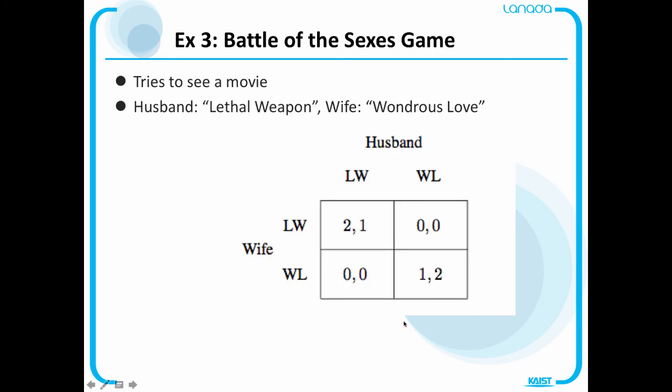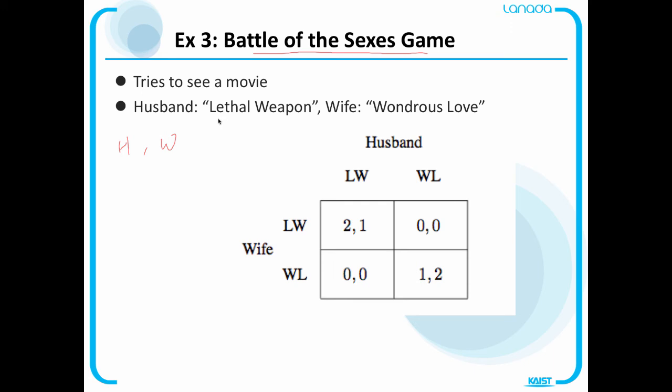Another game is a little bit similar to the coordination game, but it's a little bit different. It's called the Battle of the Sexes game. That's also a very famous game. In this game, there is a husband and wife, and on some Saturday night they try to see a movie, but they have two choices.